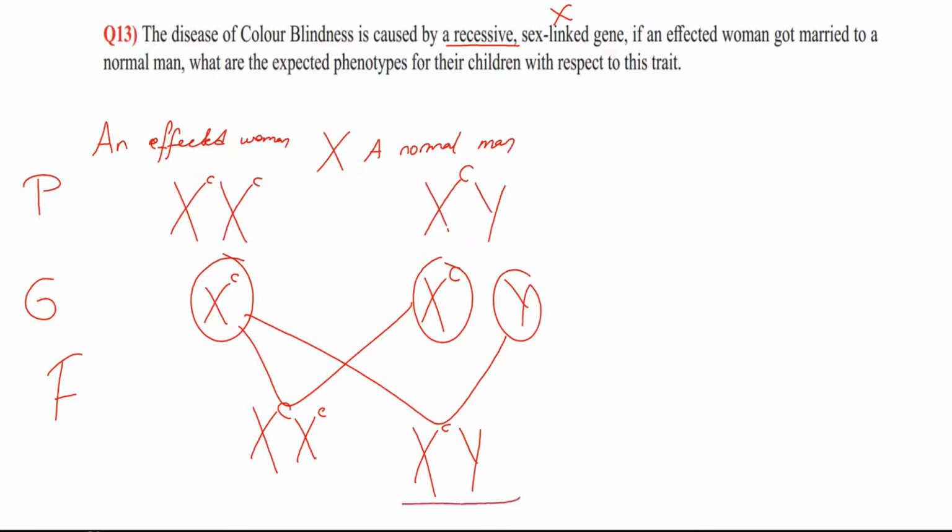So as we can see, the phenotype of male is directly related to the female. So if a woman is affected, always her sons or male offspring suffer from this disease.